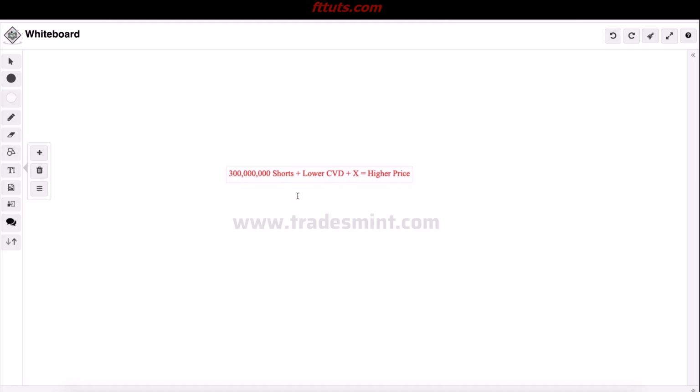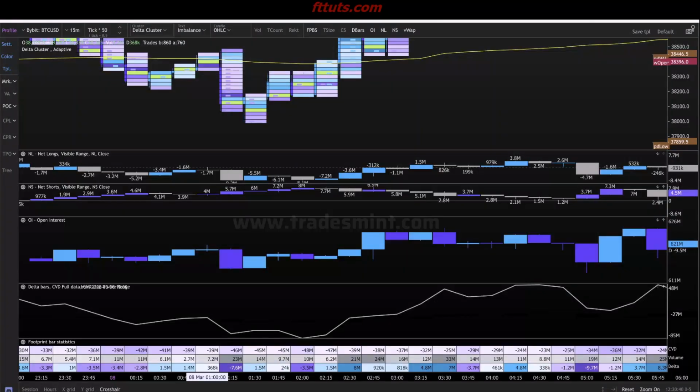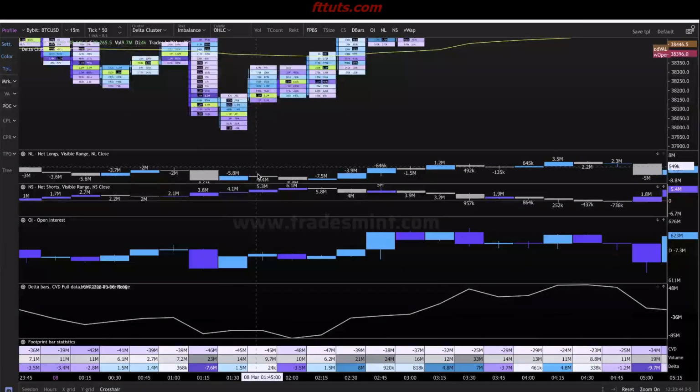What is the only thing that would fit into this equation that would make sense? The answer is massive limit longs. And so when we see the CVD getting lower, when we see all these shorts opening up right here, when we see that these shorts are now trapped, the only explanation is that all these market shorts are being absorbed by a large limit order.